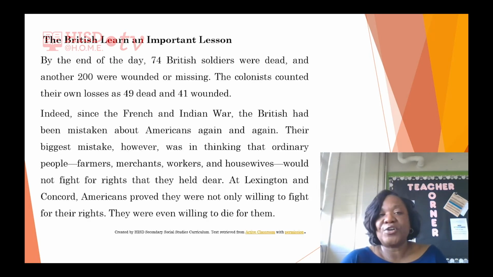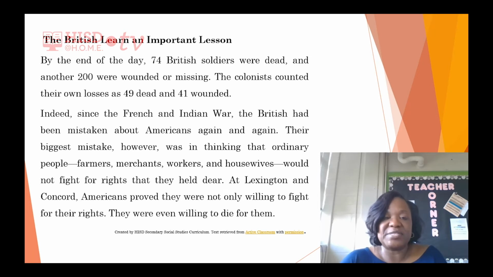The British learned an important lesson. By the end of the day, 74 British soldiers were dead and another 200 were wounded or missing. The colonists counted their own losses as 49 dead and 41 wounded. Indeed, since the French and Indian War, the British had been mistaken about Americans again and again.